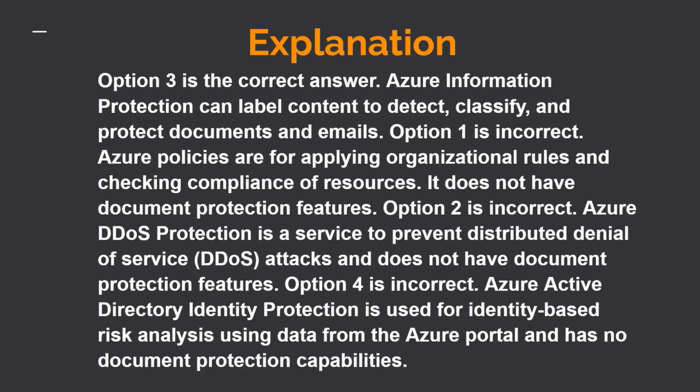Azure DDoS Protection is a service to prevent distributed denial of service (DDoS) attacks and does not have document protection features. Option 4 is incorrect. Azure Active Directory Identity Protection is used for identity-based risk analysis using data from the Azure portal and has no document protection capabilities.